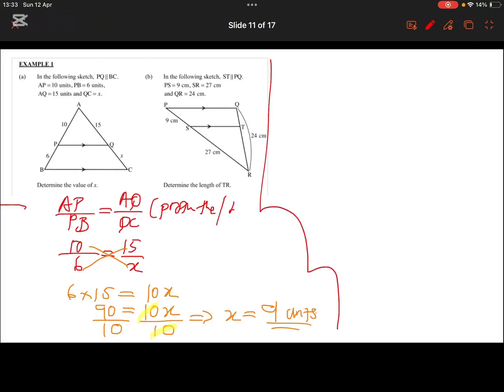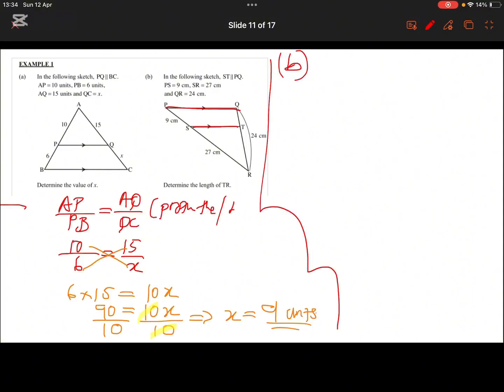Let's look at B. In the following, ST is parallel to PQ, and we're given that PS is 9 centimeters, SR is 27 centimeters, and QR is 24 centimeters. Now we need to find the length of TR.